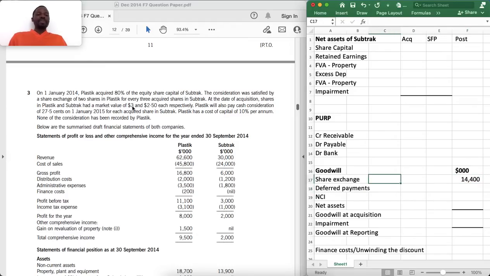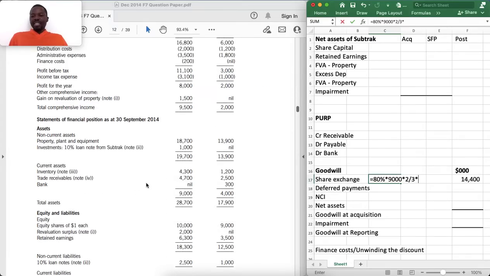But there is a problem here with this figure. This figure should include a share premium and a share capital. So we'll simply say 80% multiplied by 9,000 multiplied by the ratio 2:3 multiplied by the nominal value of the parent share. Here we get that.